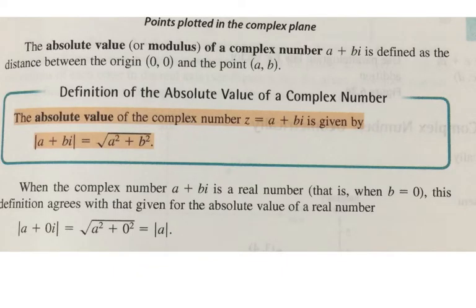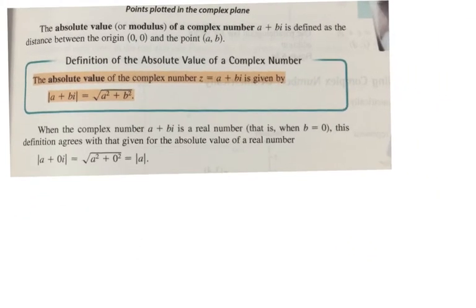All right, next thing we're going to do is talk about the absolute value, or the modulus, of a complex number, a + bi. I'm not really sure why this is considered a modulus, but it is what it is. So let's think about, how do you find the absolute value of a real number? Like if I ask you for the absolute value of -5, the answer is 5.